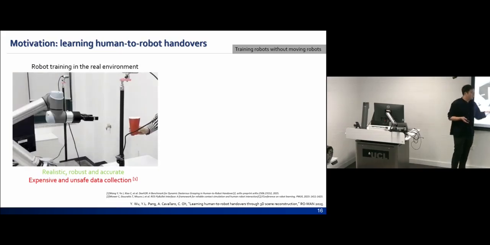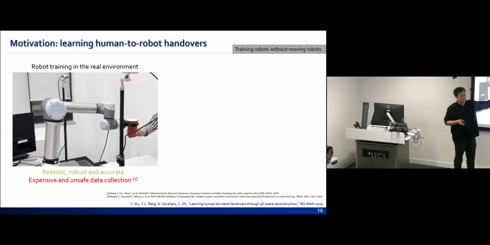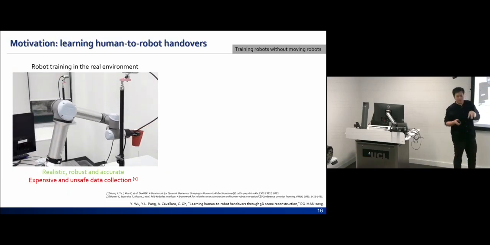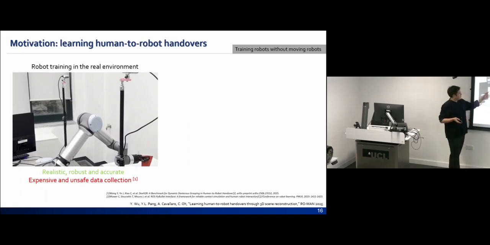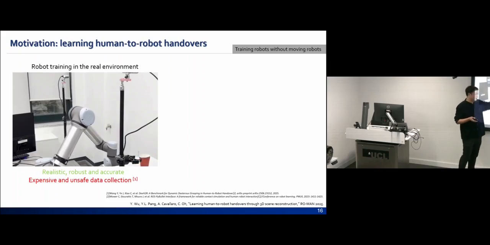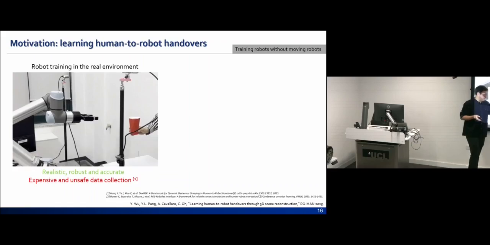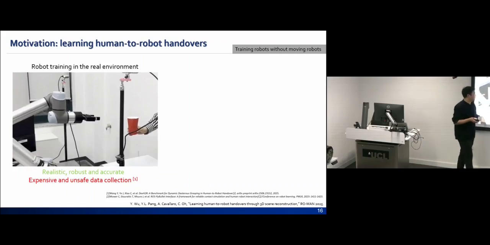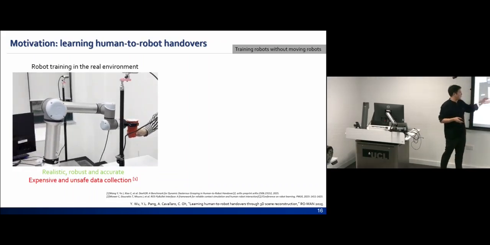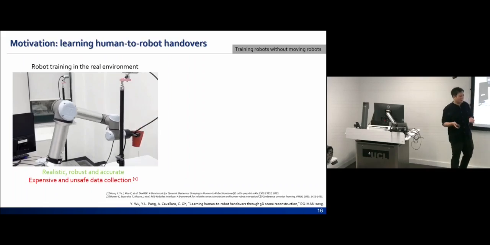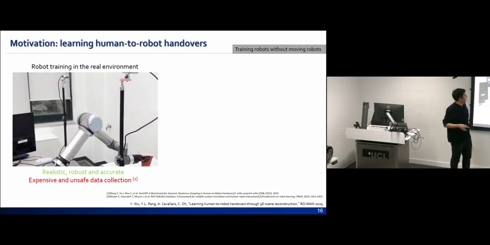And also it might be unsafe if there is a human involved in this robotic task. If it is just a pick and place test, it might be okay, but just imagine that you need to do this with a fast moving robot, and humans should give the object to the robot, and then we need to repeat this 1,000 times or 10,000 times. It would be quite difficult.